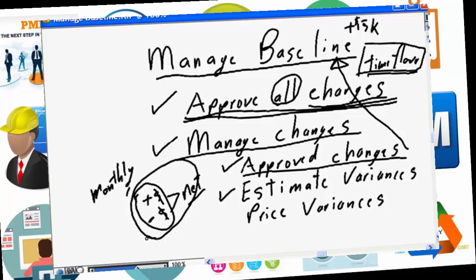To rationalize the pluses and the minuses, and to alert management that says, hey, I'm expecting a variance of $5,000, $10,000, whatever the price is going to be, over the baseline because I've had estimate variances. For longer projects, quarterly may be a more appropriate time frame.